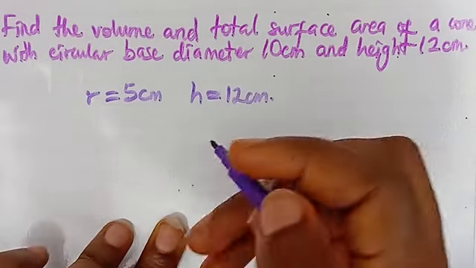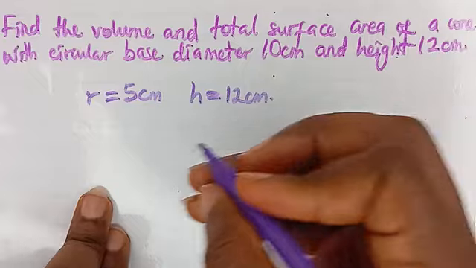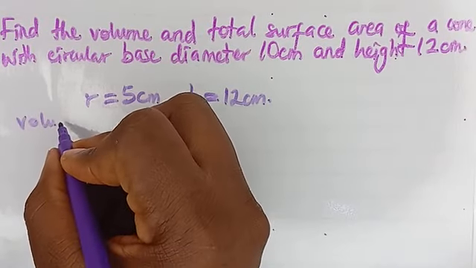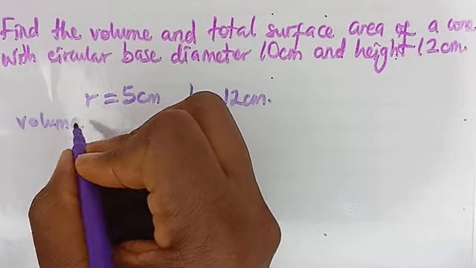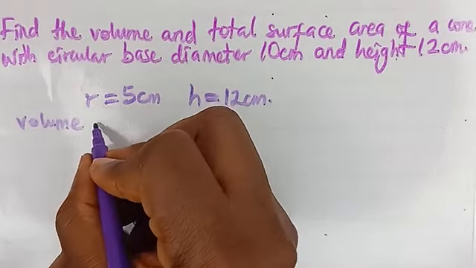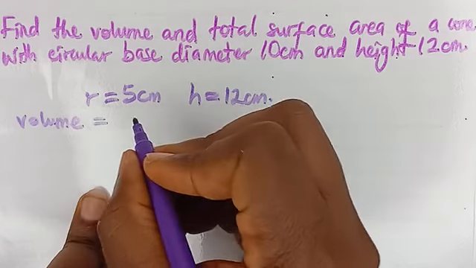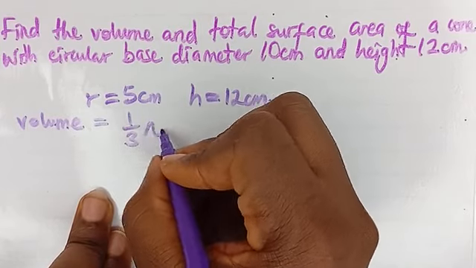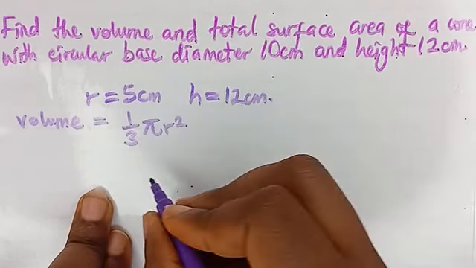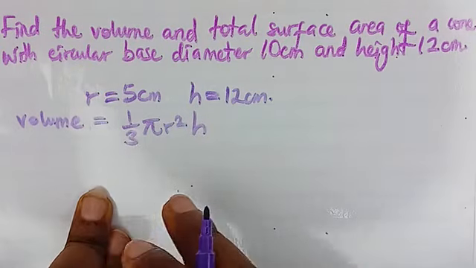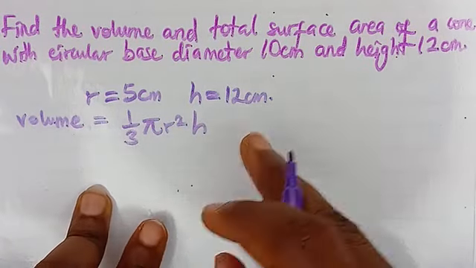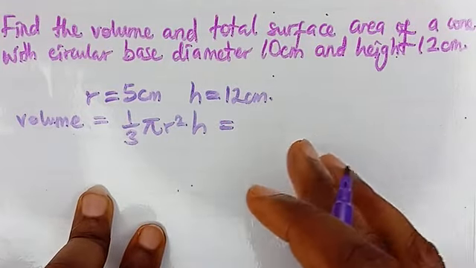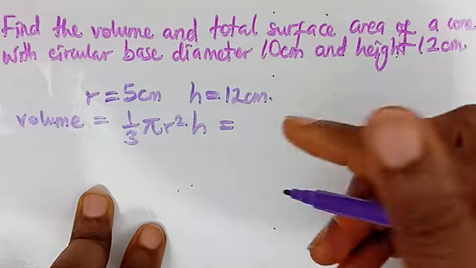Now we've been asked to find its volume first before we find its total surface area. So the volume of a cone is 1/3 of pi r squared, the circle, times the height. We are to leave our answers in terms of pi. I forgot to add that to the question.